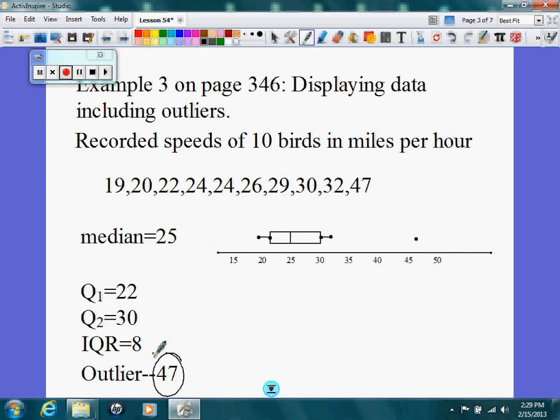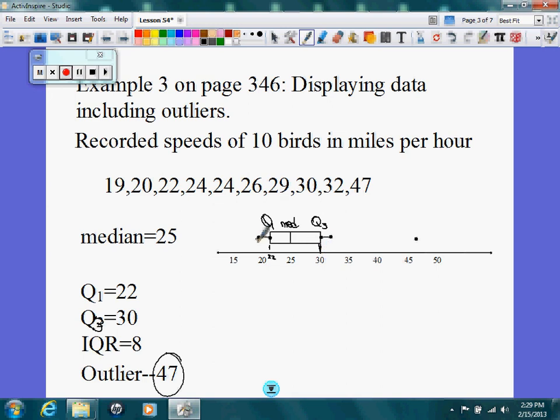Well, our median is 25, so this would be the median. This would be Q1 right here, which was 22. And our Q3, I think I have Q2 right there, but that's supposed to be Q3, and it was 30 right there.